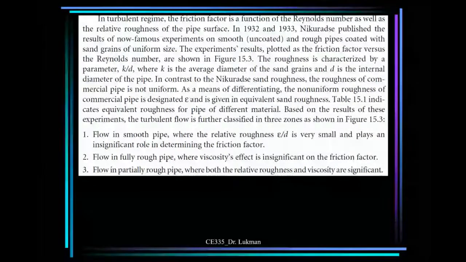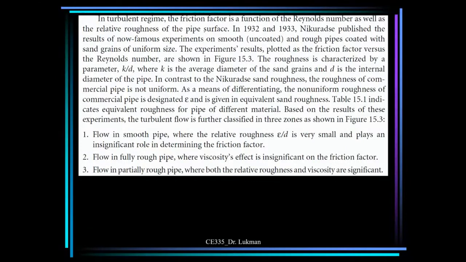In the turbulent regime, the friction factor is a function of the Reynolds number as well as the relative roughness of the pipe. Nikuradse published the results of now famous experiments on smooth, uncoated, and rough pipes coated with sand grains of uniform size. When the results are plotted as the friction factor versus Reynolds number, we have figure 15.3.